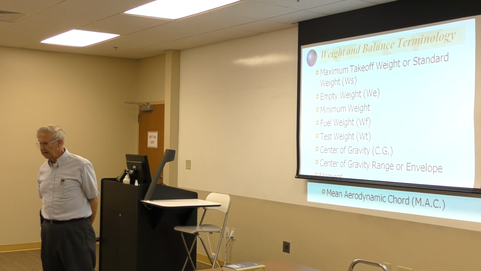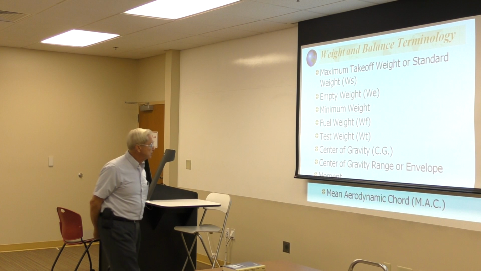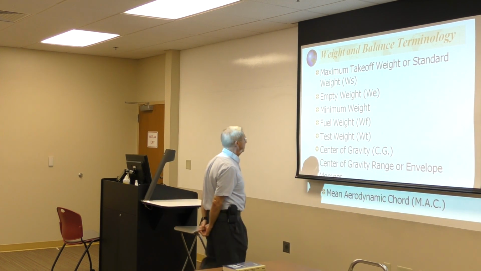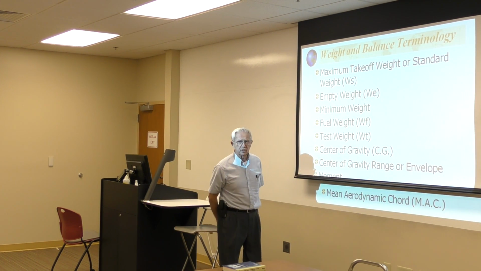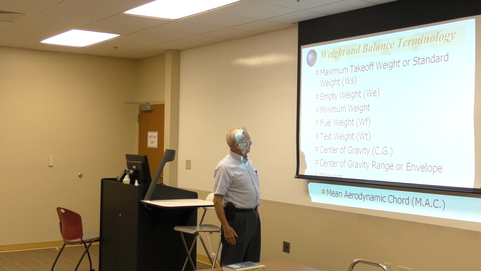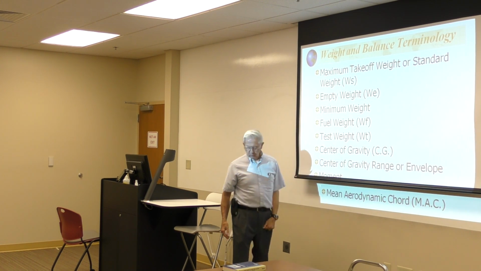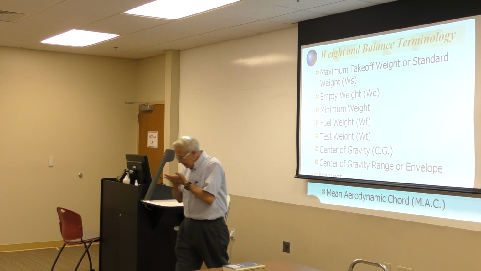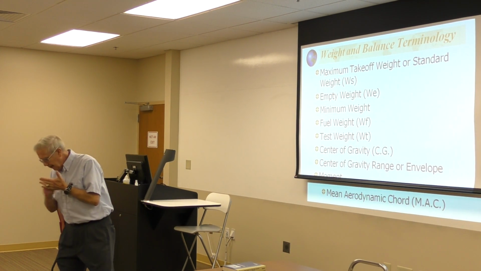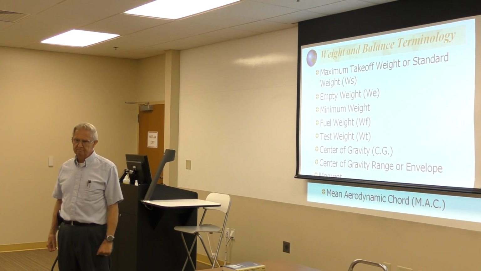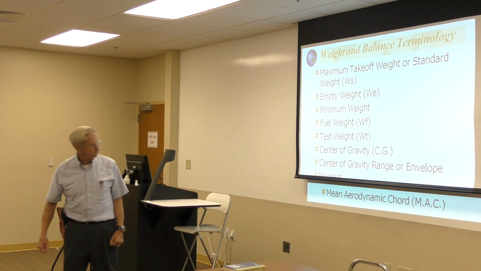Okay, you may want to write that down. Avgas weighs 6 pounds per gallon, and that's what we're going to be using in the course. Test weight is the weight at the time that we collected the data. That's the test weight, W sub T.